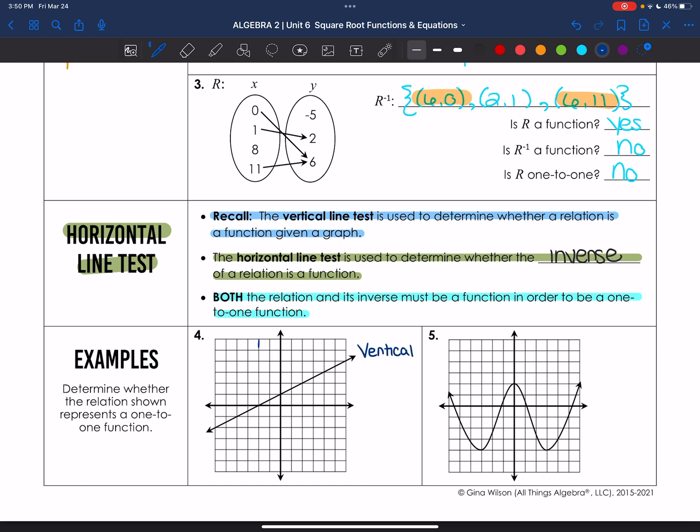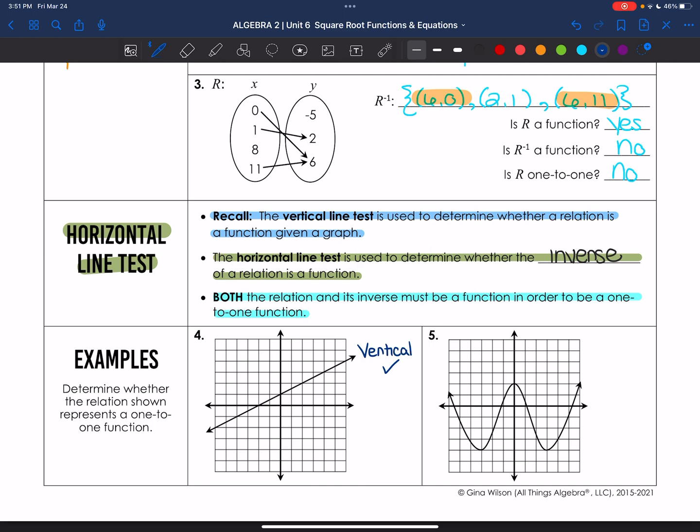If I were to run a vertical line anywhere on this graph, how many points on the graph of this function would I be touching? Just one.